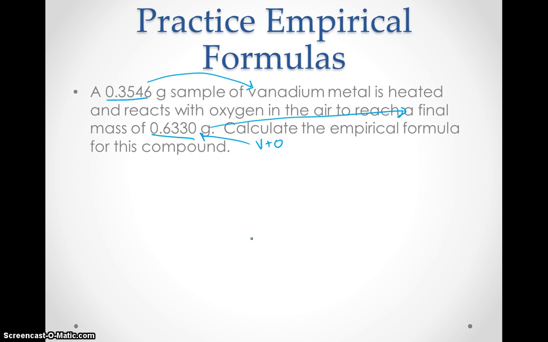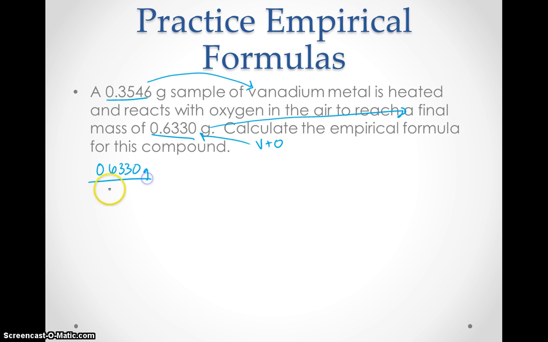So I have to do a little subtraction to figure out how much oxygen I actually have in my compound. Unlike the first problem, all my masses aren't directly given to me. I do have to do a little bit of math to get to my mass of oxygen. So this is where we're going to take our final mass and subtract our vanadium to get our mass of oxygen.